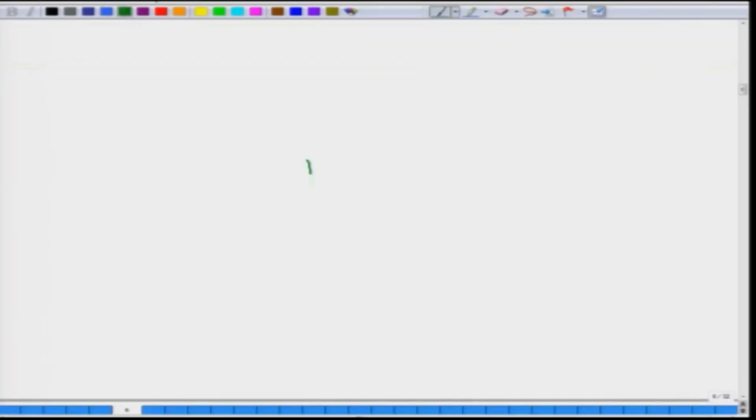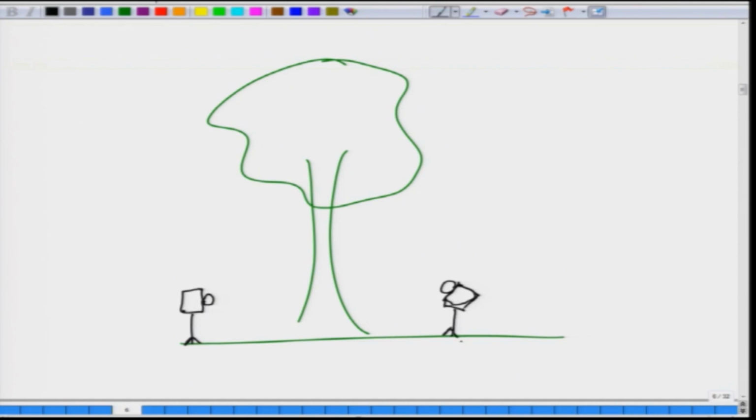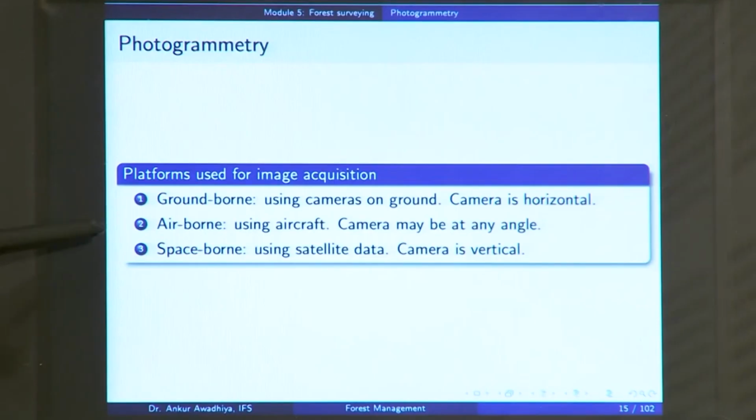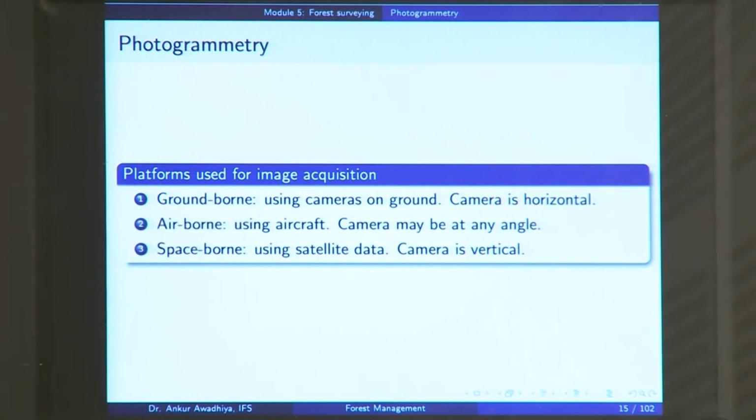So, you have a tree here, and what you are doing in this case is that you are taking a camera and you are taking pictures. So, your camera might be like this or it might be like this, when you are looking at the canopy, but in all the cases it is based on the ground. Or you can make use of airborne platforms, such as using an aircraft or using a drone.